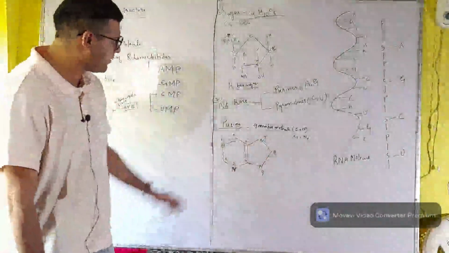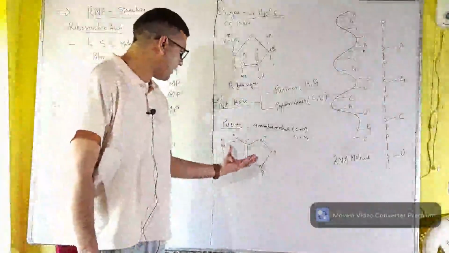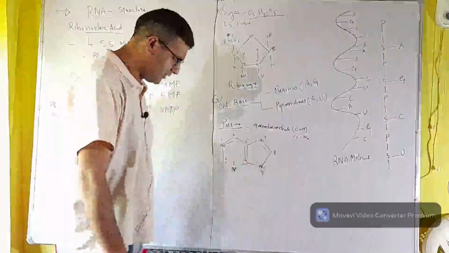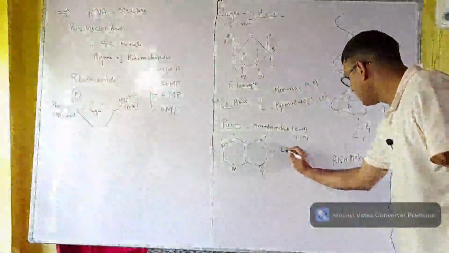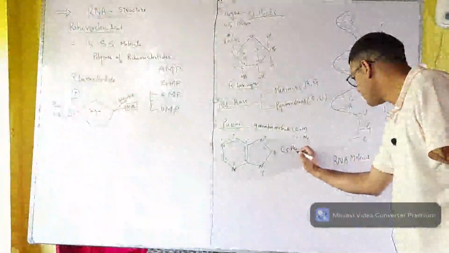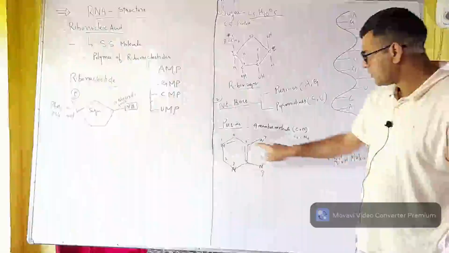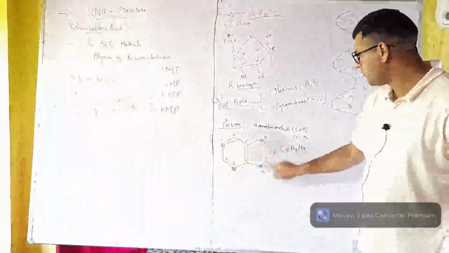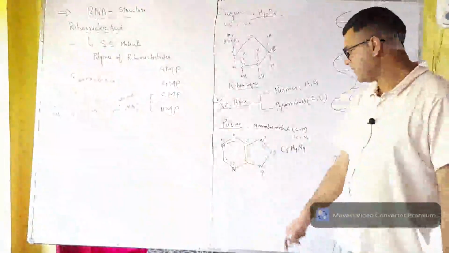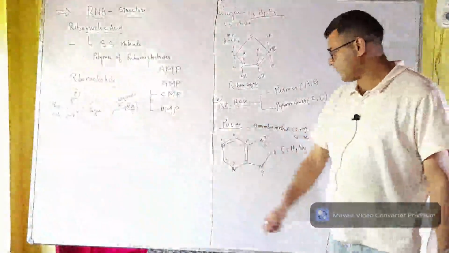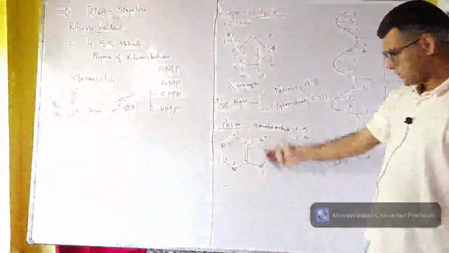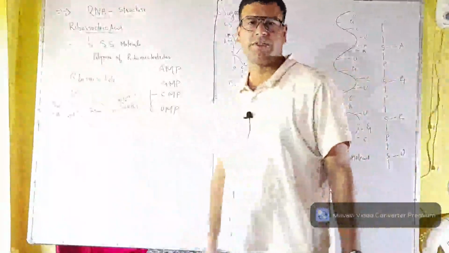So this is a typical purine. It is a 9-member molecule having the molecular formula C5H4N4. That means there are 4 nitrogen atoms and 5 carbon atoms in the purine, as is depicted from the diagram.